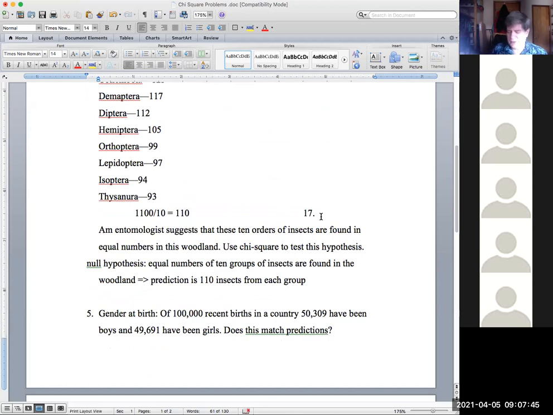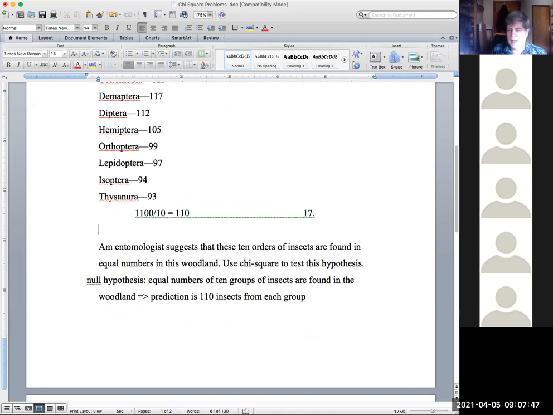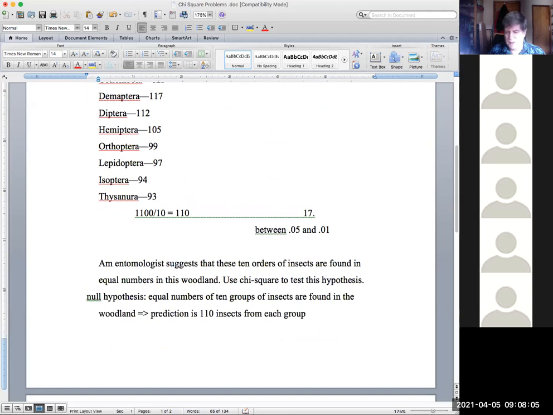Now, the next thing it asks you to do is look at this number and tell where this number is found on the chi-square chart. So you basically had to say it's found between 0.05 and 0.01, and you had to list the chi-square values from the chart.